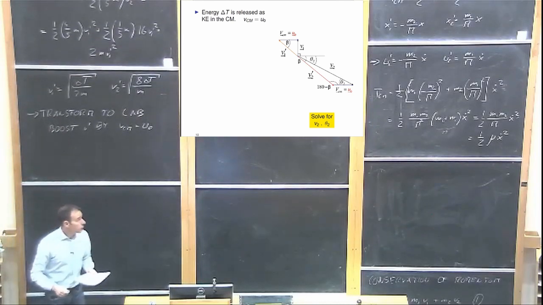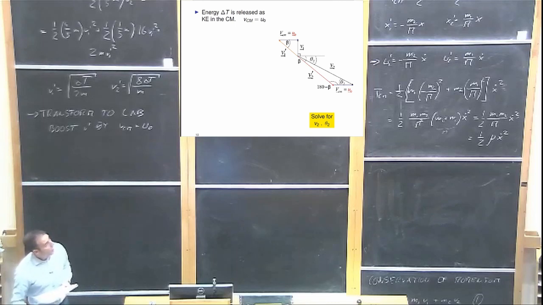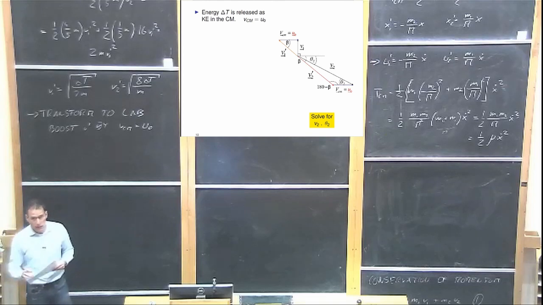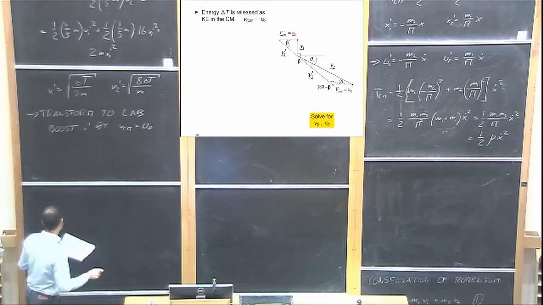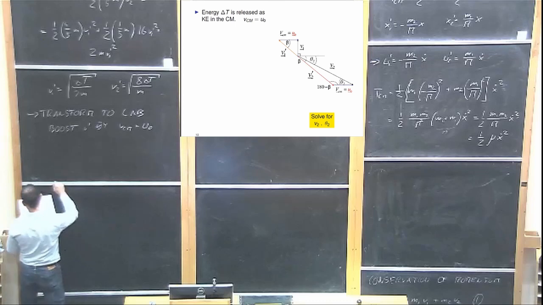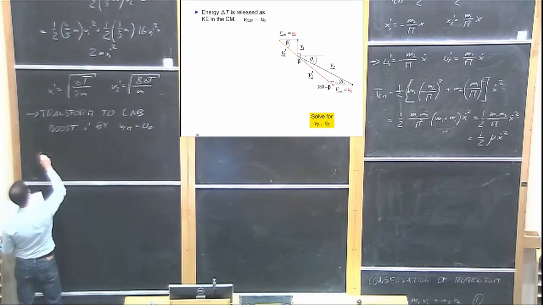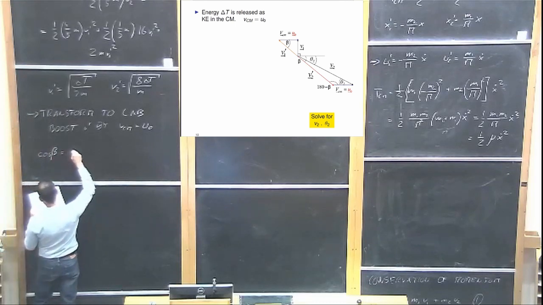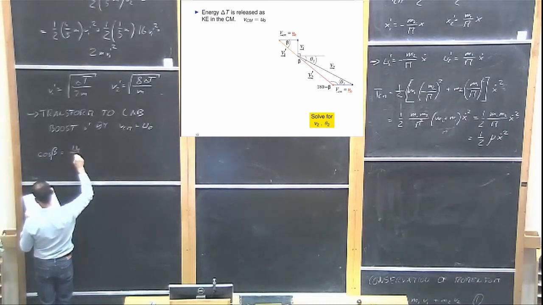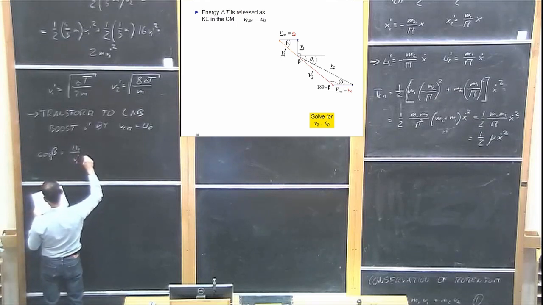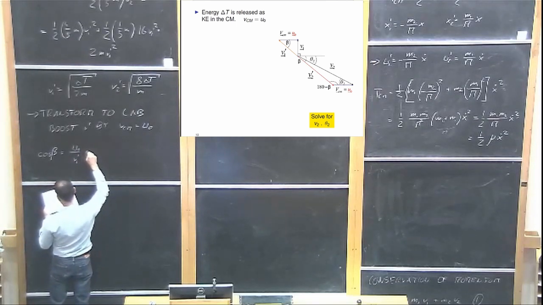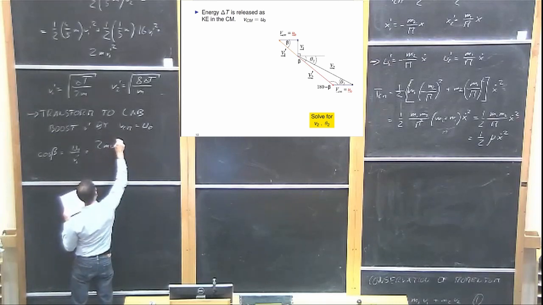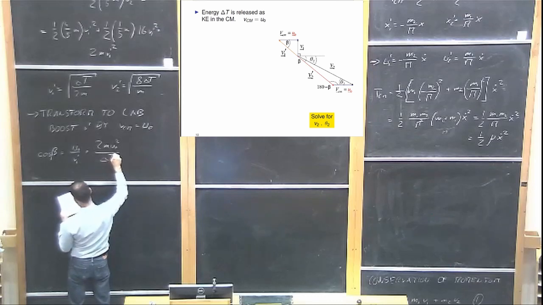I'm not going to solve the problem completely, but I'm going to outline the main steps and what to take care of, and the rest is pretty straightforward. So cos beta equals U naught over V1 prime, equals the square root of 2m U naught squared over delta t.